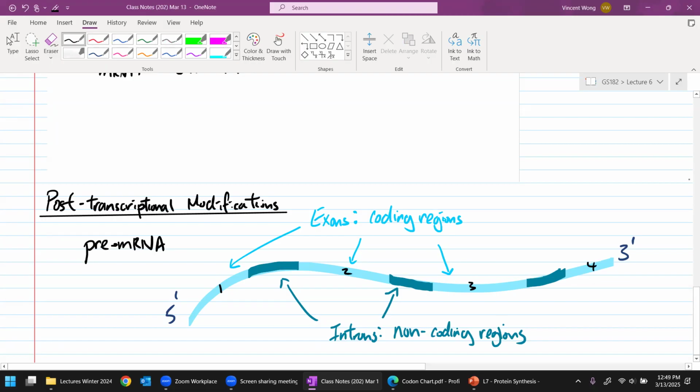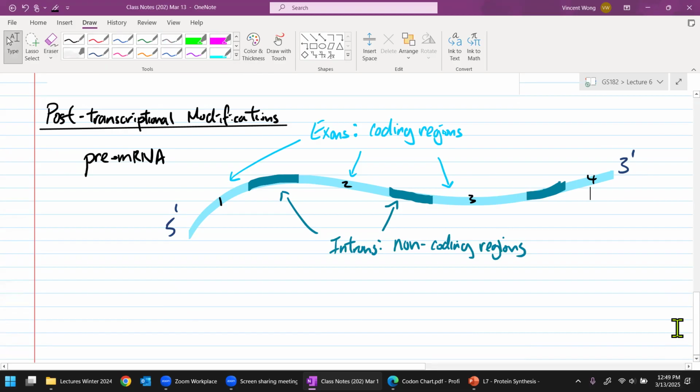It turns out not everything that we've copied from the DNA is actually useful. Right? We end up copying some non-coding material, some junk DNA, they say. As a loose analogy, it's like you try to copy an article from a magazine because you need it for your research paper.